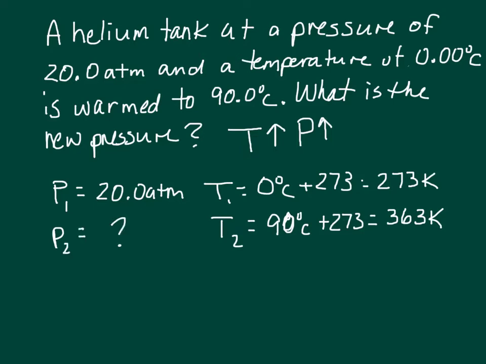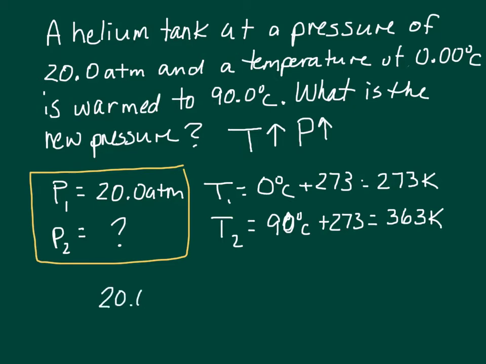Okay, when we set up our model, we start with the variable we're looking for. So we're looking for pressure, so let's start with our 20 atmospheres. Now we're going to multiply it by a fraction or a factor that's going to make that number bigger. According to our prediction, we want our pressure to increase. So if we want it to increase and get bigger, we want to put the bigger number on top.